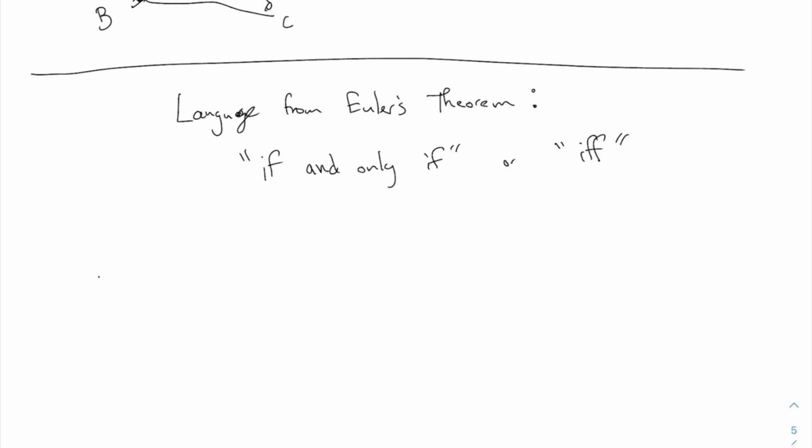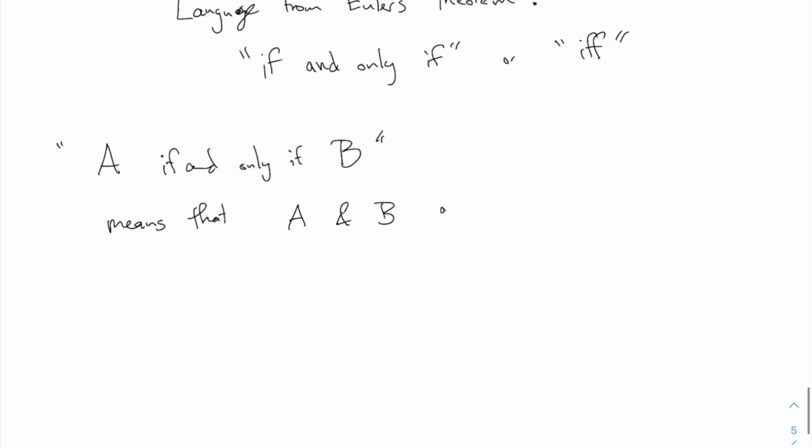When I say something like A if and only if B, what this means is that A and B are logically equivalent. Another way to say that is A and B mean exactly the same thing.